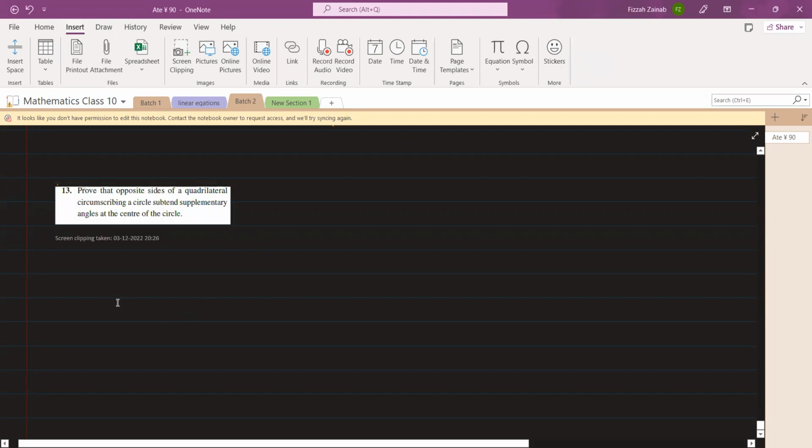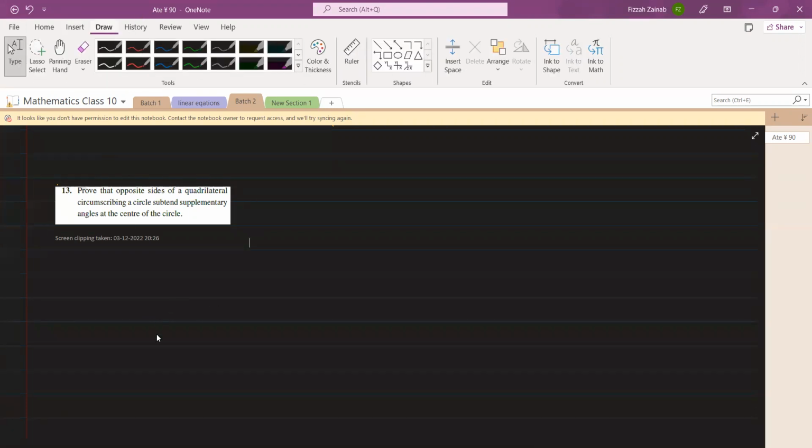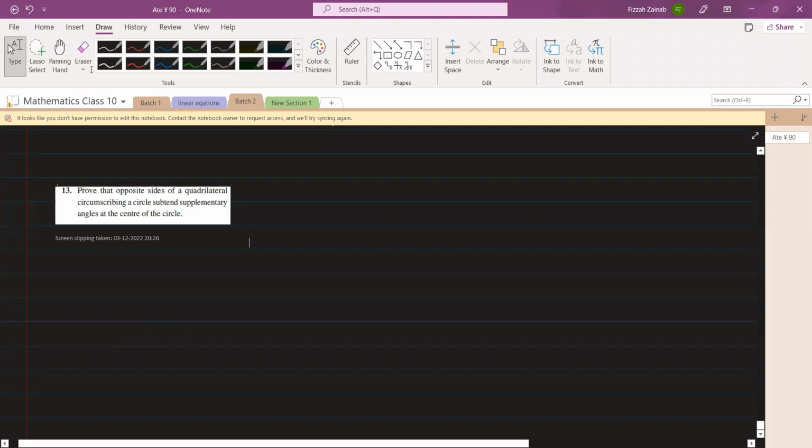Okay, prove that opposite sides of a quadrilateral circumscribing a circle subtends supplementary angle at the center of the circle. That means the quadrilateral is outside the circle, right? So you have a circle.